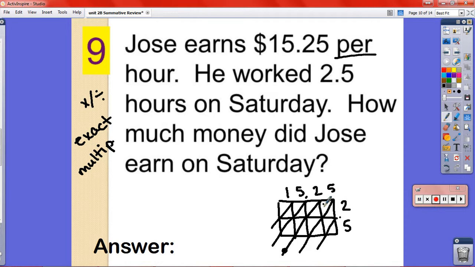So 5 times 2 is 10. 2 times 2 is 4. 5 times 2 is 10. And 2 times 1 is 2. 1 times 5 is 5. 5 times 5 is 25. 2 times 5 is 10. And 5 times 5 is 25.